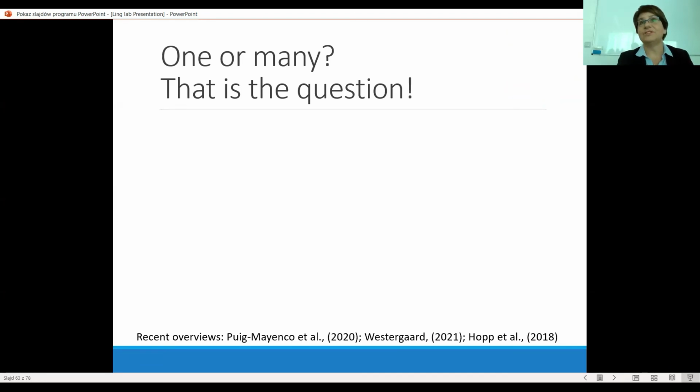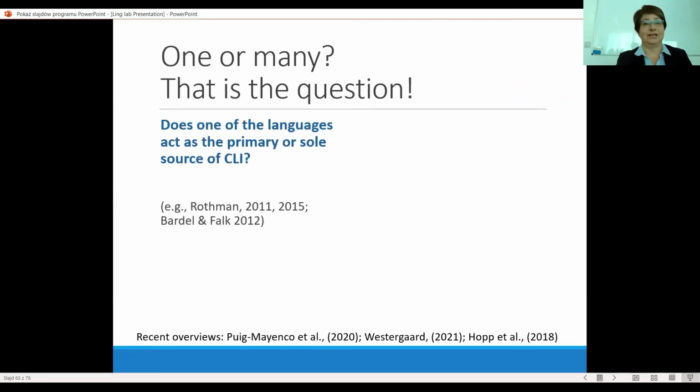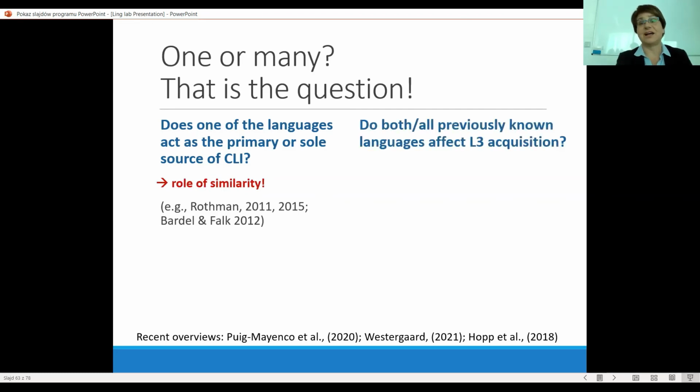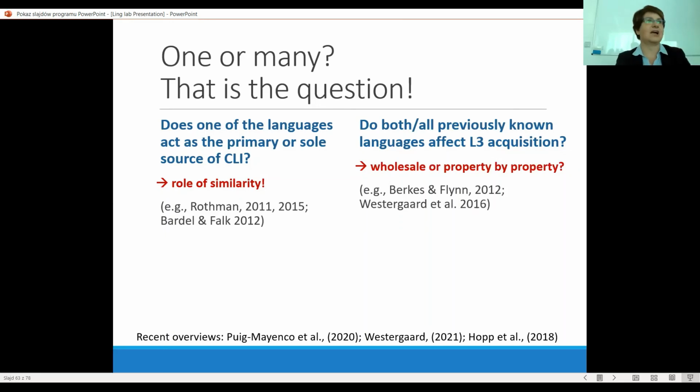Is it just one language or more than one language? So one of the languages acts as the primary source of cross-linguistic influence with the role of similarity, or maybe both languages. Is this a wholesale or a property by property type of transfer? We don't know that.